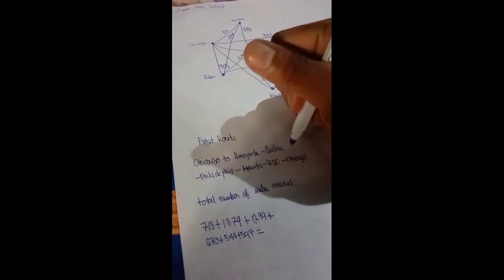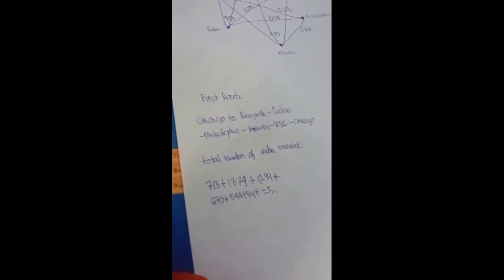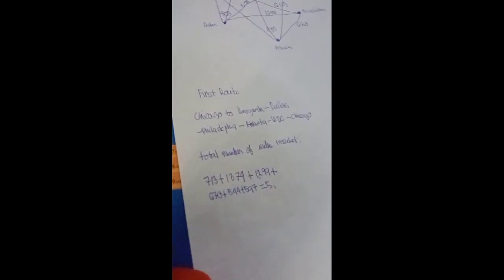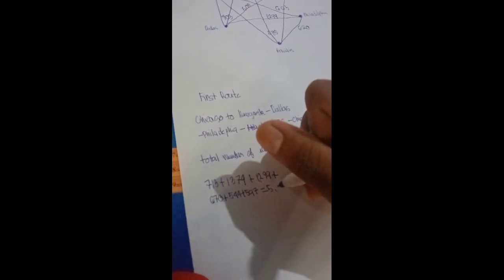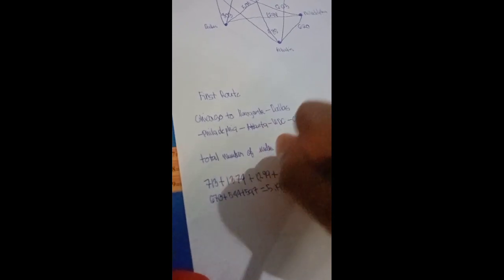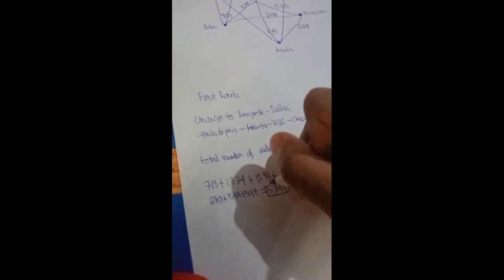Washington DC to Chicago, that would be 597. So after we bring down everything, we just add them all up to get the total miles. The total is 5,197. So that is for our first route.